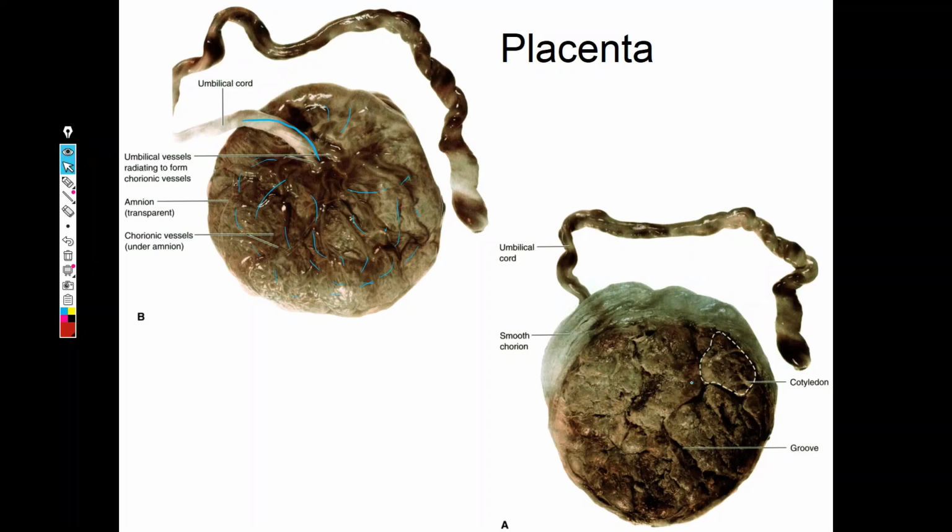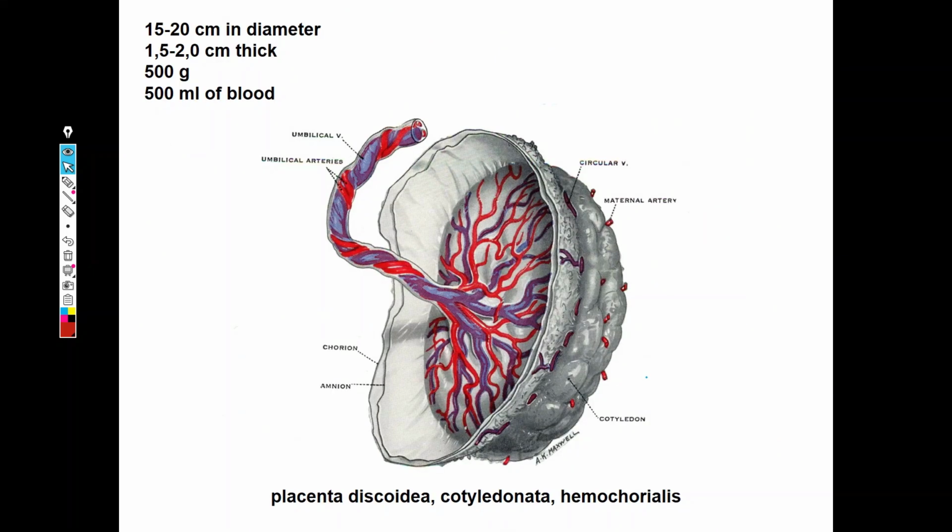And this is the part that is attached to the wall of the uterus in the mother, and this part isn't covered with anything. And here we have these parts called cotyledons, so you can see these grooves between cotyledons, and this is because of the decidual septae that are going deep into the placenta. We are also able to recognize the decidual septae in a histological specimen.